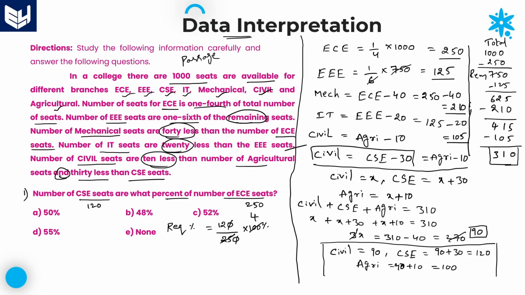Therefore the required percentage is 12 into 4, which is 48. The required percentage is 48 percentage. Looking at the options, 48 is there at option B. Therefore option B is the right answer for this question.